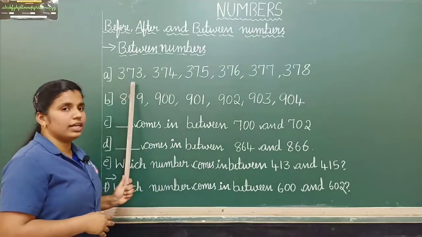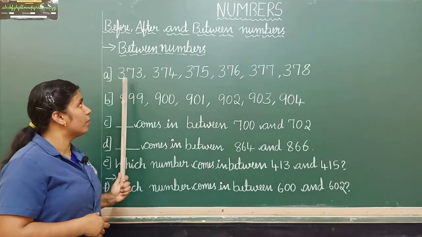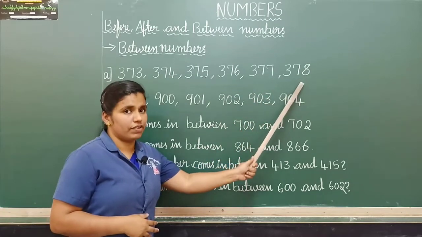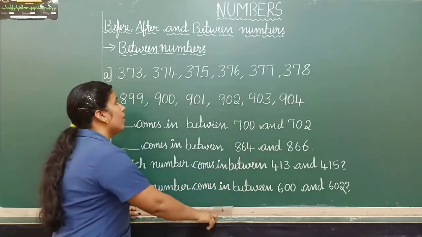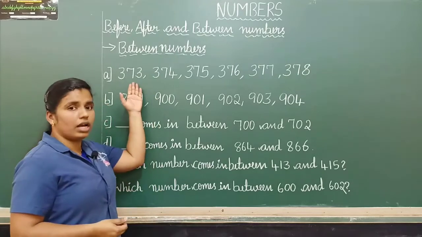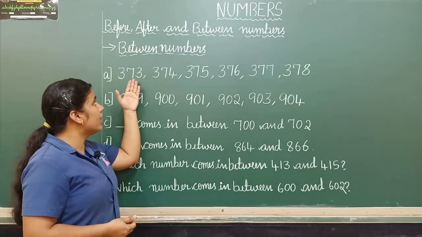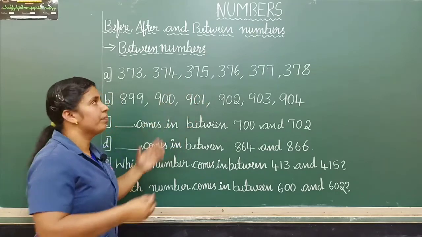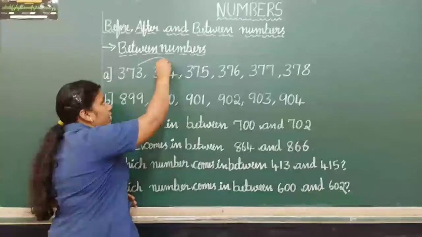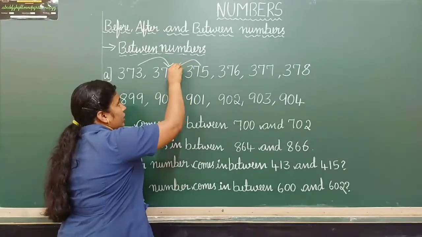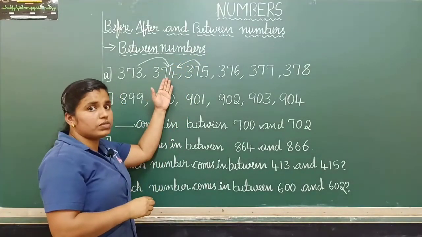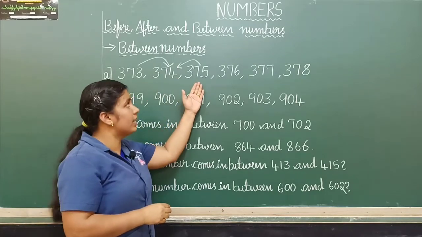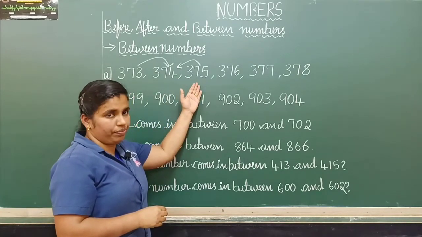Here you can see I have written the numbers from 373 to 378. Here, which number comes in between 373 and 375? 374. 374 comes in between 373 and 375.